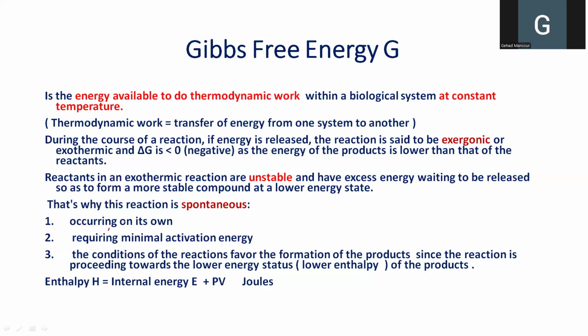As you can see here in the equation, we have enthalpy H equals the internal energy plus PV. So if PV, which is the pressure multiplied by the volume, is constant, then H, or enthalpy, will be directly proportional to energy.